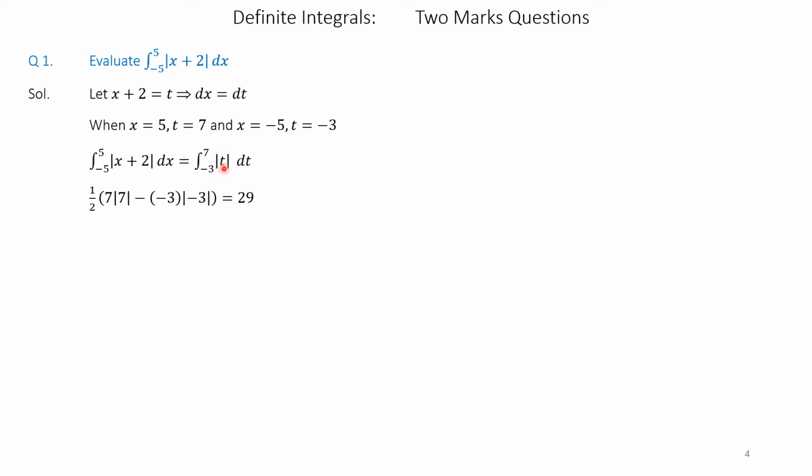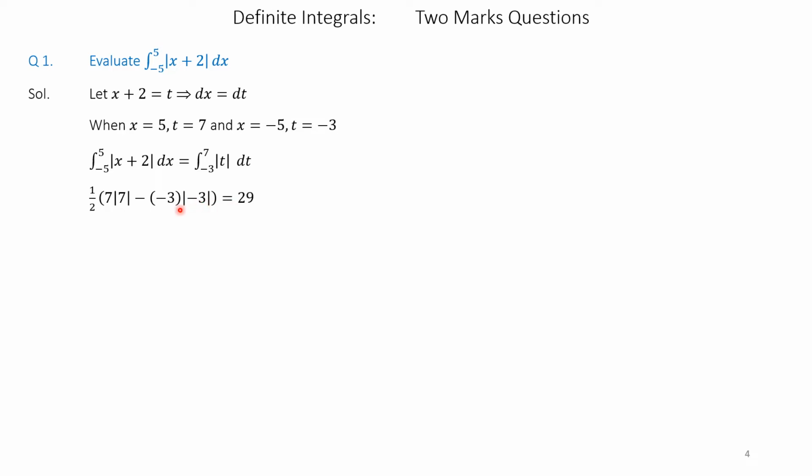Integral of t is t to the power of 1 plus 1 divided by 1 plus 1. So this divided by 1 plus 1 is appearing as 2 here. Therefore, that becomes 7 into mod 7 minus of minus 3, the lower limit, into mod of minus 3.